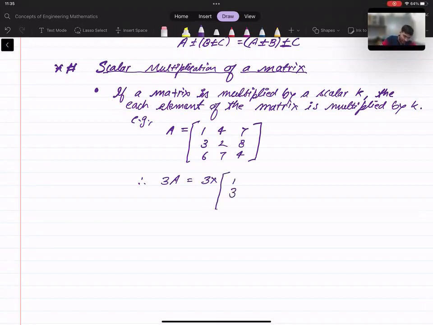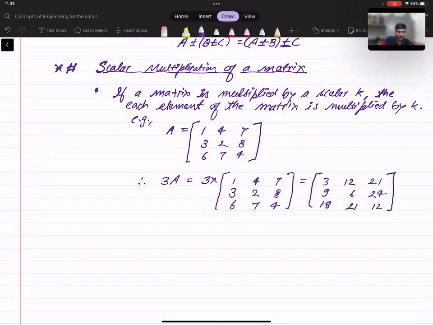As we have mentioned, each element of the matrix will get multiplied with the scalar. So this becomes 3 12 21, 9 6 24, 18 21 12. Like this, each and every element of the matrix is multiplied by that scalar value. Okay. So this was something called scalar multiplication.